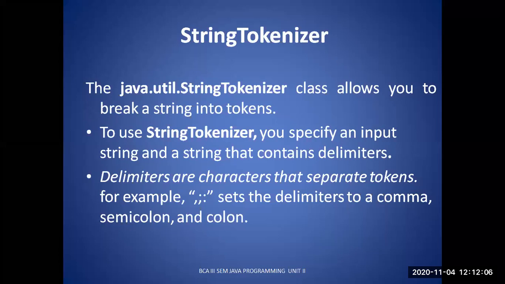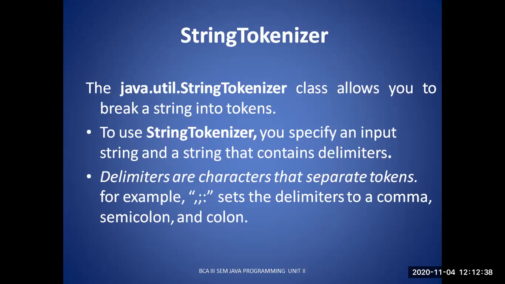Now, what are the delimiters? Delimiters are the characters that separate the tokens. To use string tokenizer, first of all, you need to specify one string which contains some type of delimiters. The delimiters may be comma, semicolon, colon, and so on, space also. Whatever characters we use as delimiters, they should be part of the string which can be utilized by the string tokenizer.